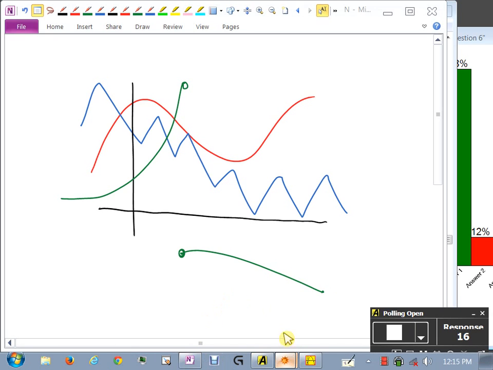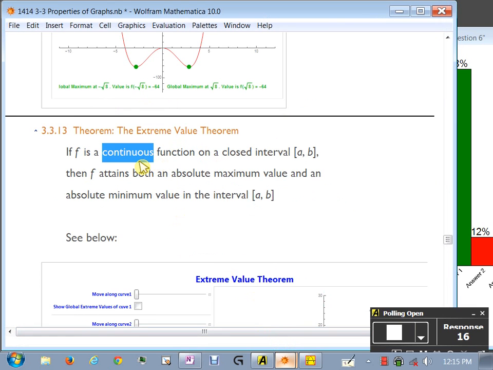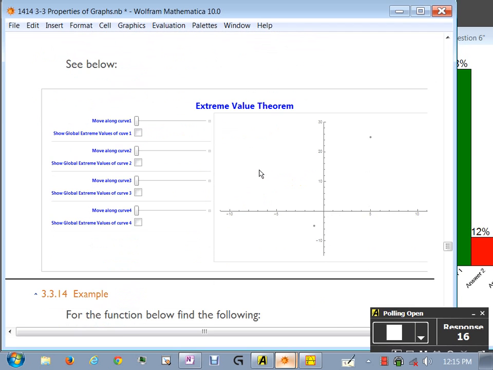So let's go back to what this theorem was saying. It said if you can draw your function without picking up your pencil, and you're going to draw it on a closed interval, which means you're going to have two endpoints, there's no way to draw it where you can't get a global max and min out of it. You have to get a global max and min. So here are some examples. There are two points, right?